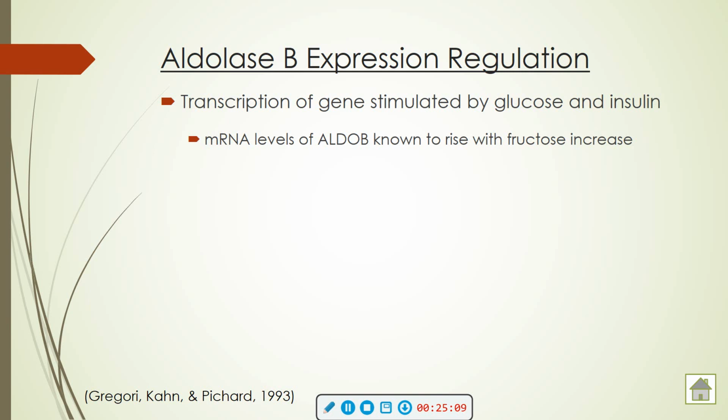And it has been studied that if someone is introduced to fructose, another type of sugar, that it causes the B gene to rise. Basically, the messenger RNA levels increase when introduced with that sugar.